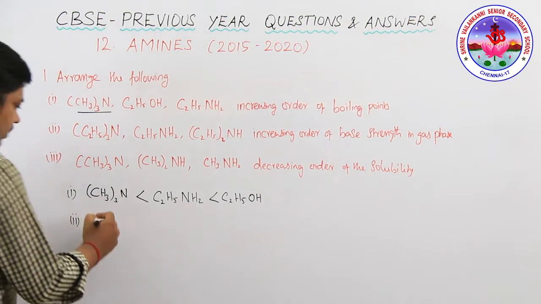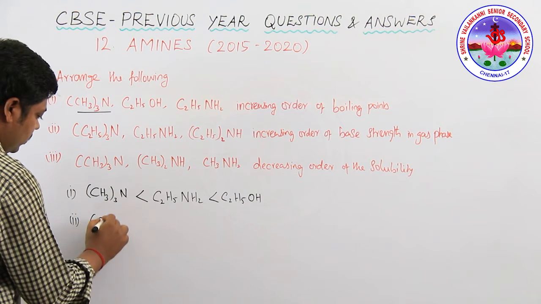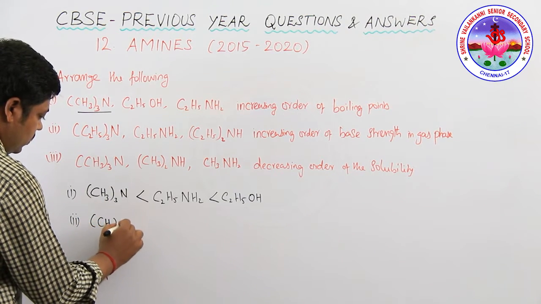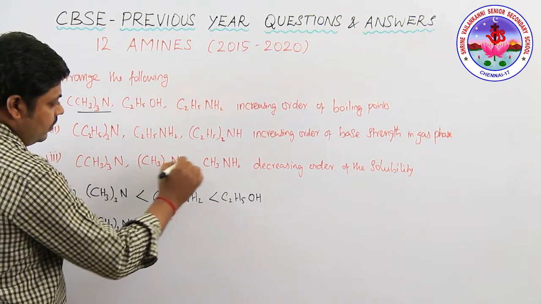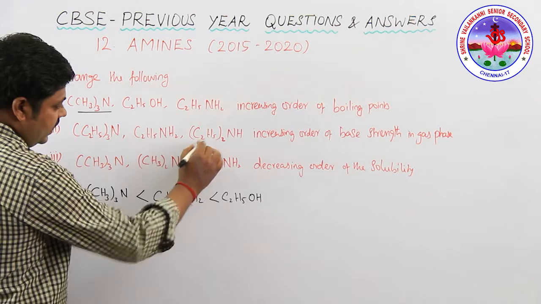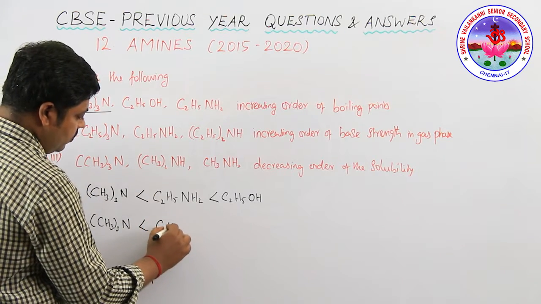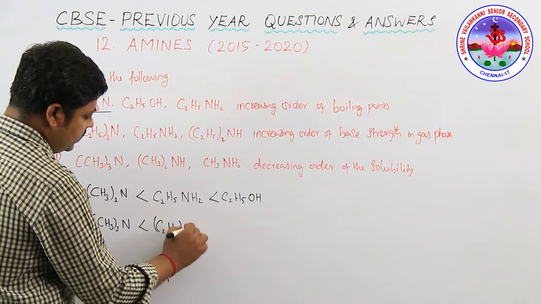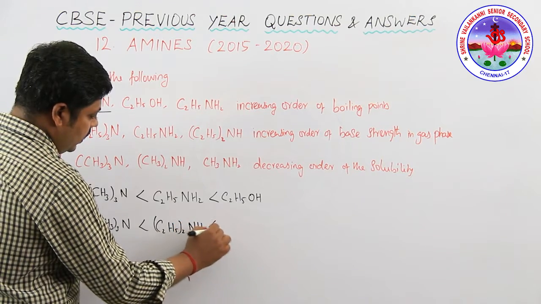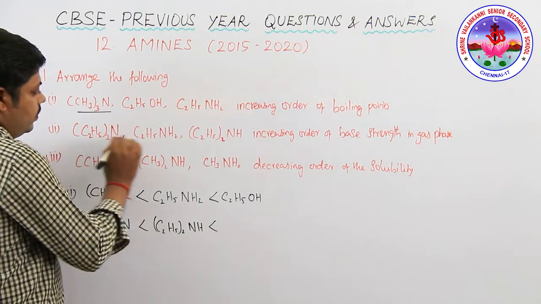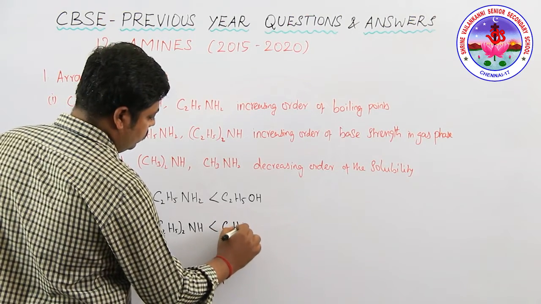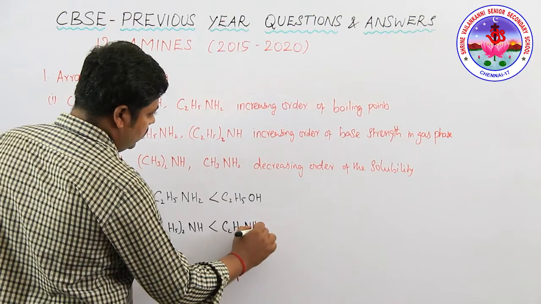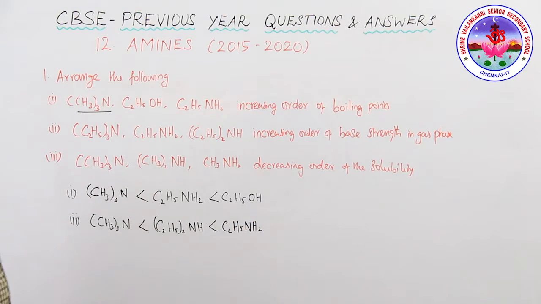Here also the tertiary amine comes first, which is less than the secondary amine, C2H5 twice NH, which is less than the primary amine, C2H5NH2. So this is the increasing order of base strength in gas phase.